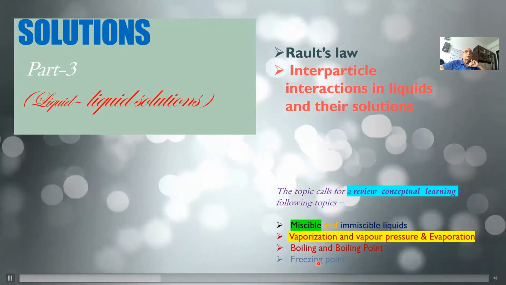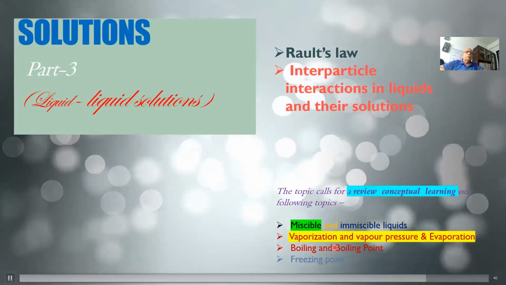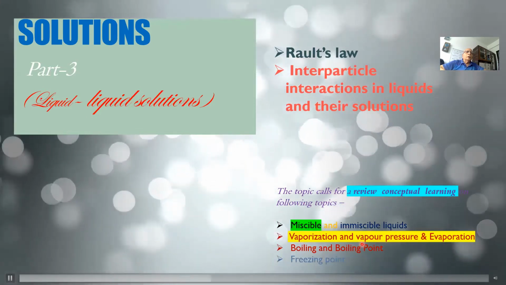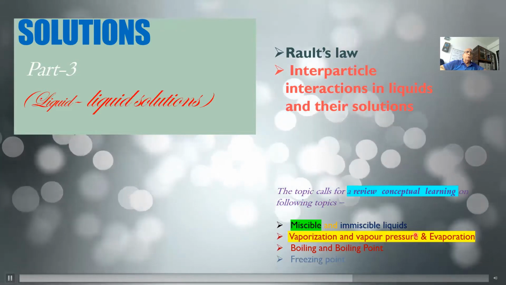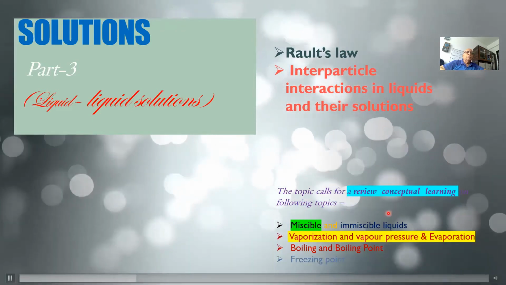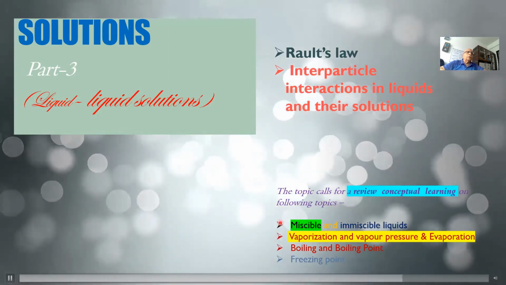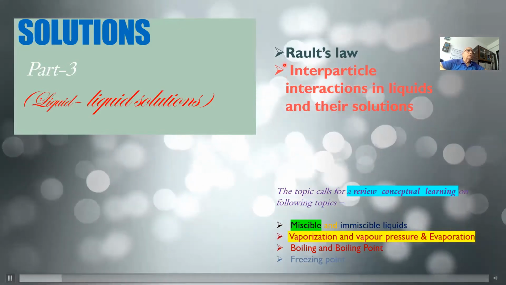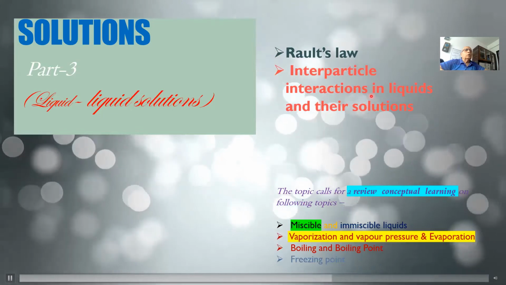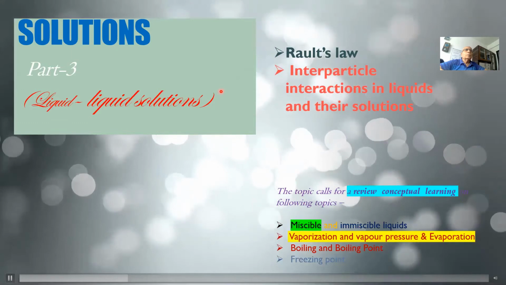Similarly, it gets evaporated or vaporized into a gas having its own pressure. So what are all these? We need to revise it, and we shall quickly go through it. After that, we come to the main topic, which explains the characteristics of liquid-liquid solutions.